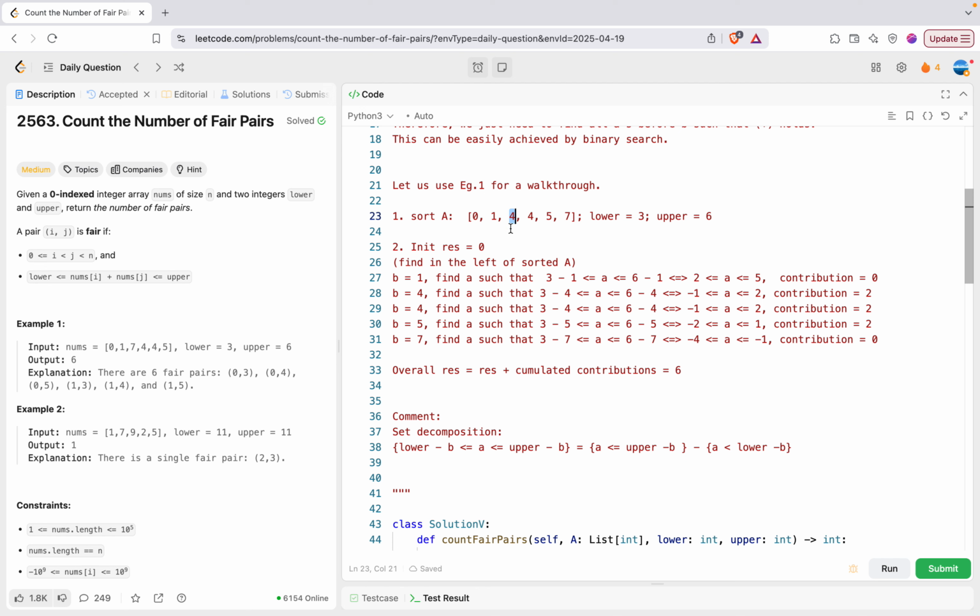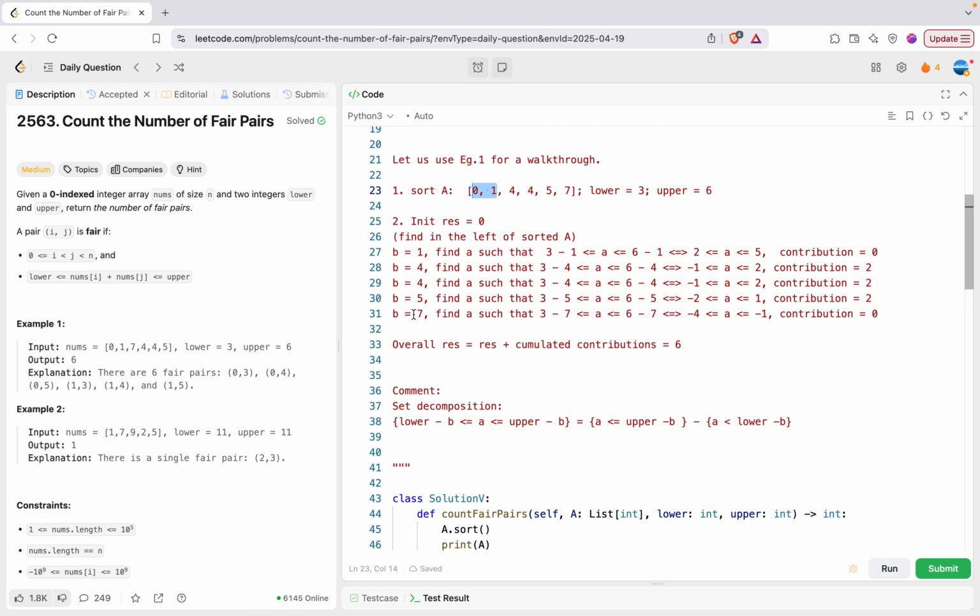It is the same for the second 4: the bound is still -1 and 2, so the contribution is 2. For B equals 5, we use 3 minus 5 and 6 minus 5 and get -2 and 1. The contribution is again 2 because there are 0 and 1.